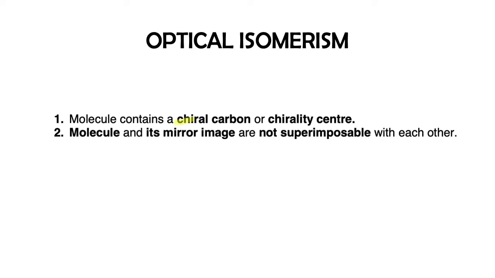It must have what we call a chiral carbon. And second, the molecule A and its mirror image, molecule B. So there are two molecules here. Molecule and its mirror image are not superimposable with each other.